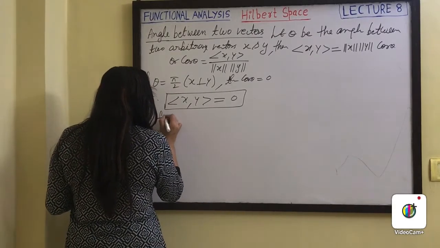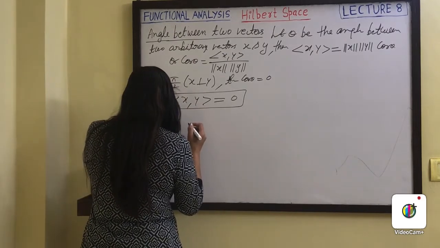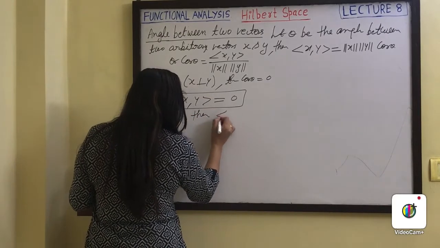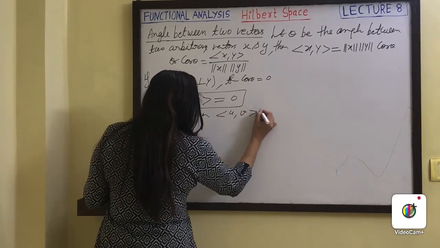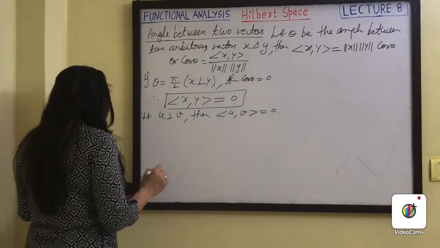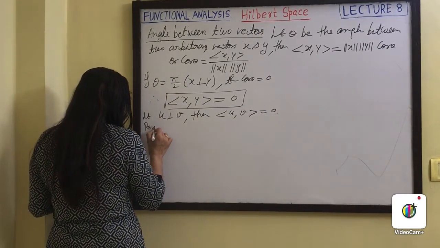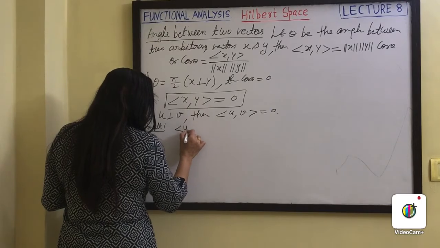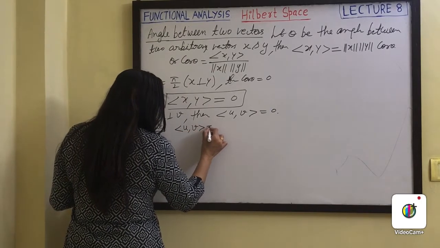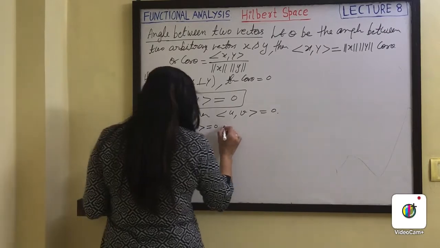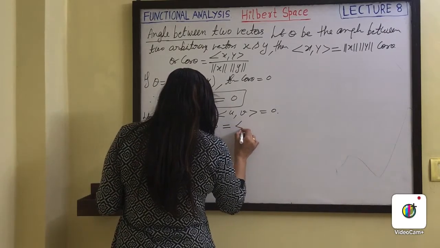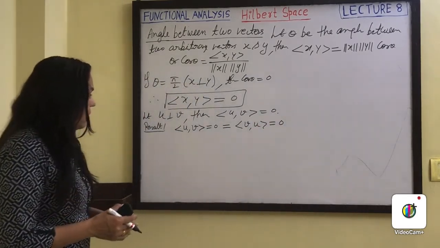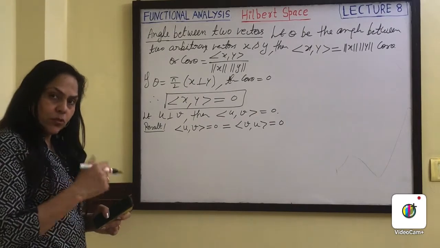Let u be perpendicular to v. Then obviously we have already proved u equals to 0. Now the first result is u comma v is equal to 0 implies v comma u is equal to 0. That is, we can say if u is perpendicular to v, then v is also perpendicular to u.